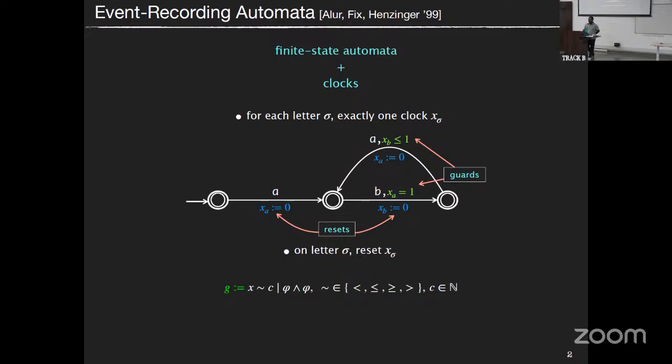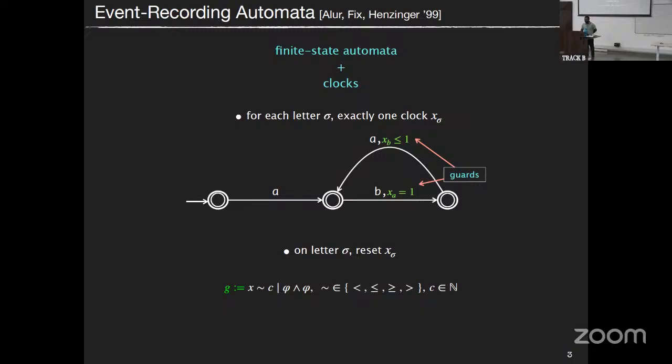So for A there is XA and for B there is XB. The other restriction is that on letter sigma you reset X sigma. So you only reset XA when you are reading A and you only reset XB when you are reading B. These resets are fixed, so from now on we can just forget about them, but they are implicit.